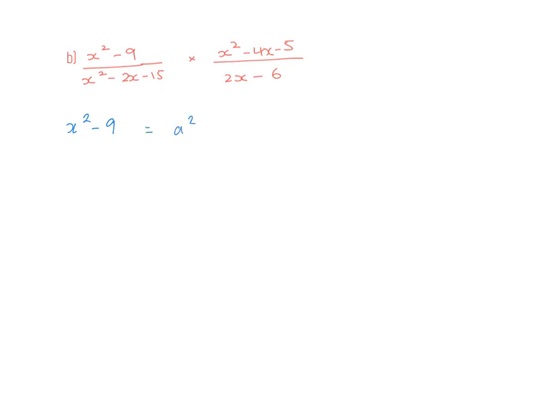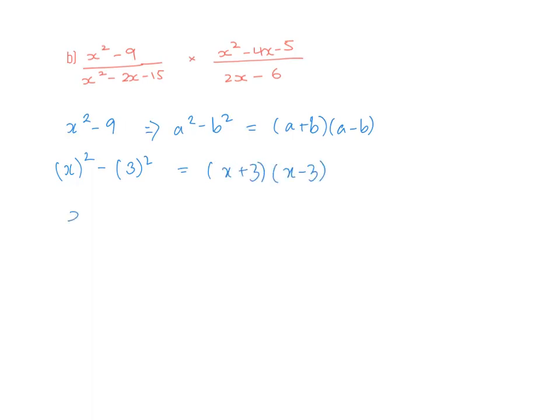When I have a squared minus b squared, I could rewrite that as a plus b and a minus b. So over here I have x squared minus something squared that gives me 9, and that's 3 squared. So that is x plus 3 and x minus 3. So x squared minus 9 can be rewritten as x plus 3 and x minus 3.